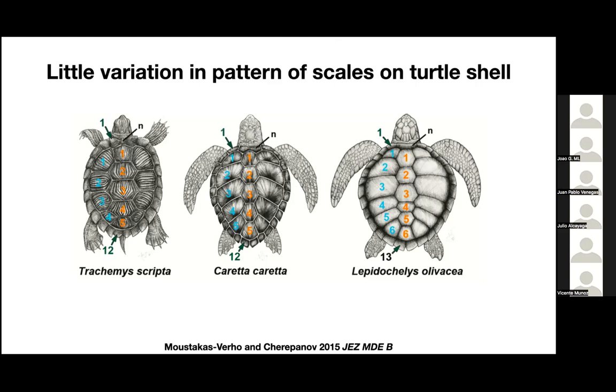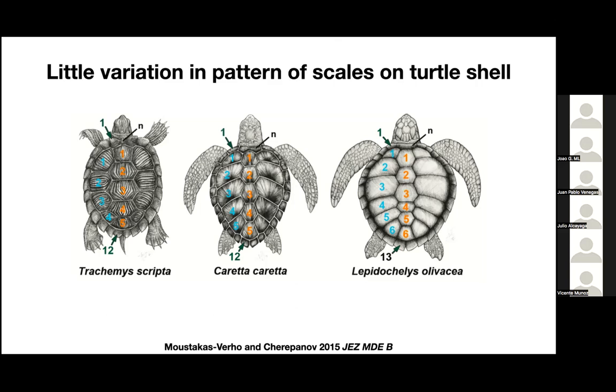As I mentioned, in some sea turtles, you have a few more scutes. But in all other turtles that have scutes, it's basically the same pattern as this red-eared slider. So loggerheads down in this Caretta species have an additional costal or pleural scute along the lateral margins. And then Ridley turtles on the right have even more scutes.